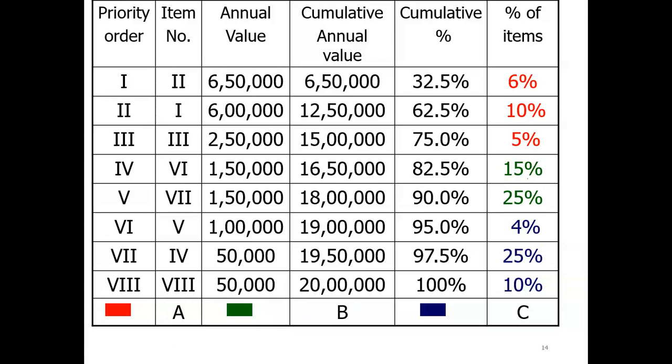So I am putting those categories which have high value under green, blue. So A is red, B is green, and C is blue, and those which have high value, I make them fall under this category.